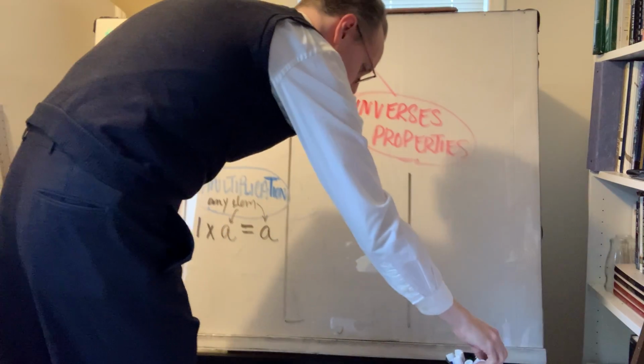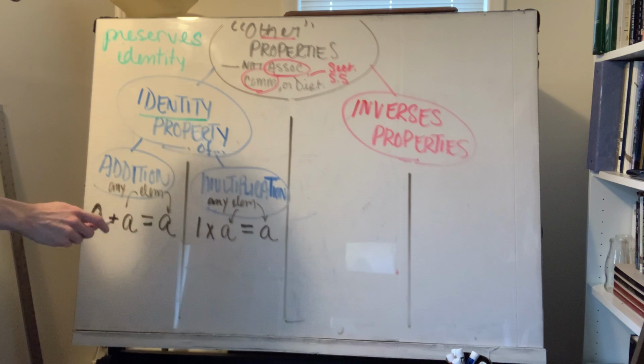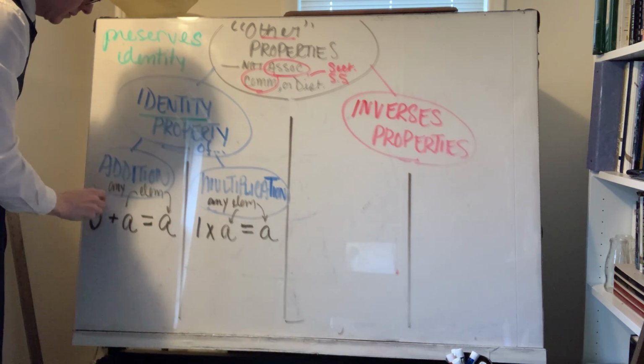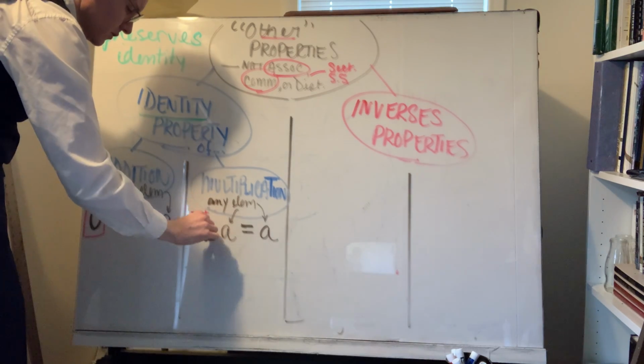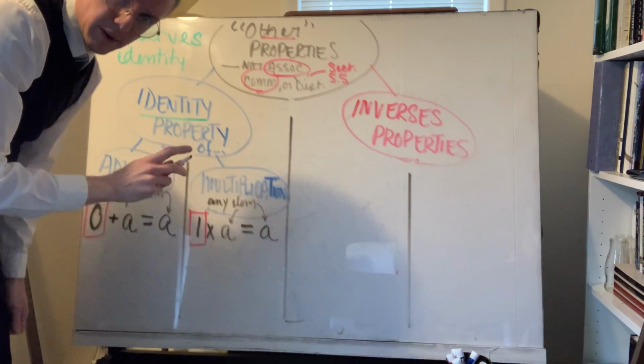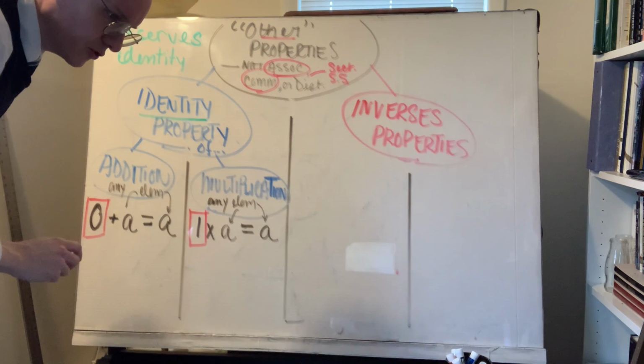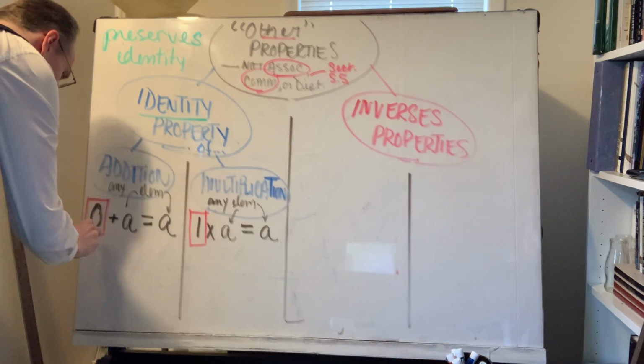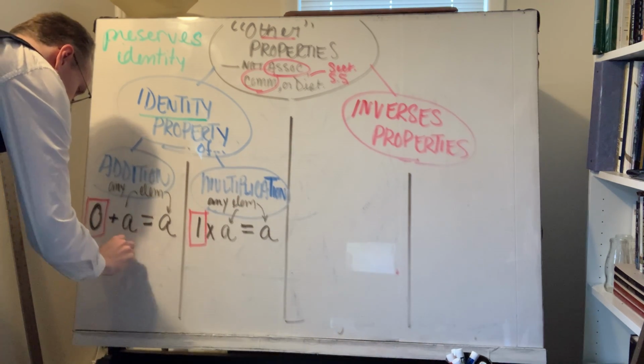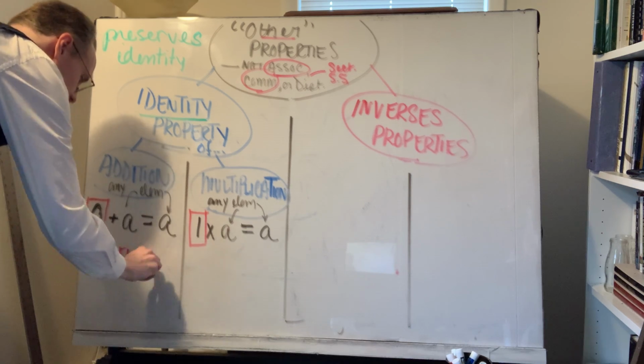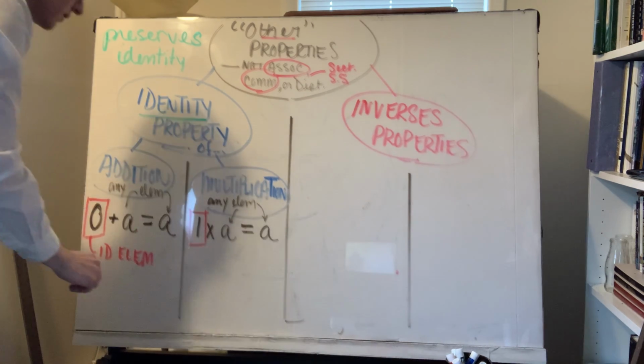These two features, which are worthy of saving, I'm going to put a little box around them. 0 specifically, and 1 specifically in this case. These are important, right? You want to preserve them. These are known as an identity element. Again, for the reason that it preserves identity. Right?